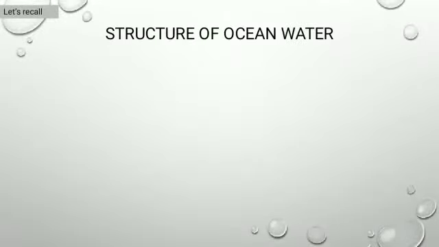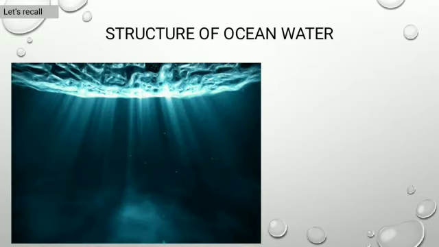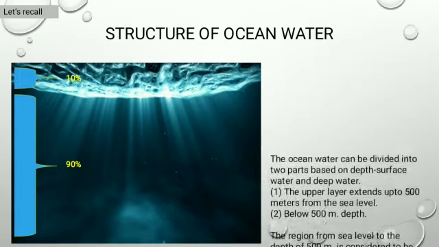We have seen the ocean structure. In the image you can see 10% of the ocean water is the depth till which the sunlight reaches, that is known as surface ocean water, and below that, the 90% of the ocean water where the sunlight reaches hardly, is called deep ocean water.